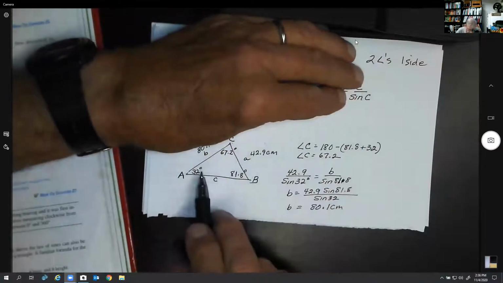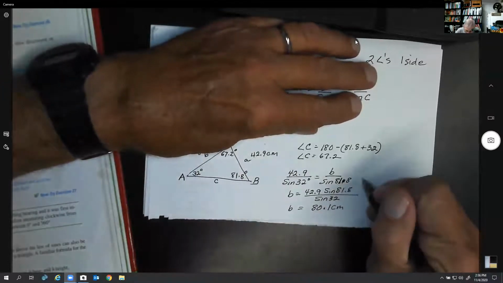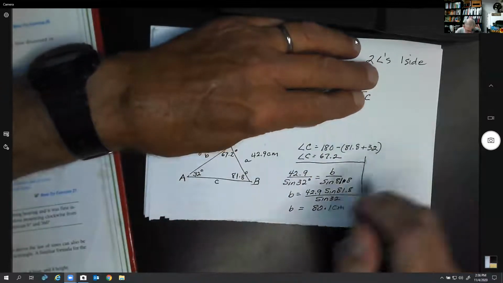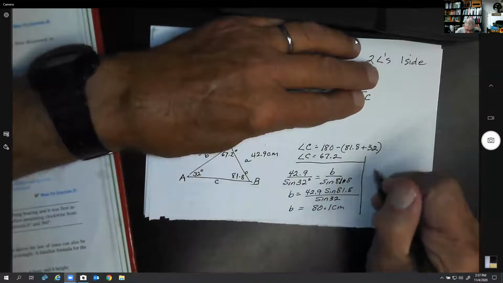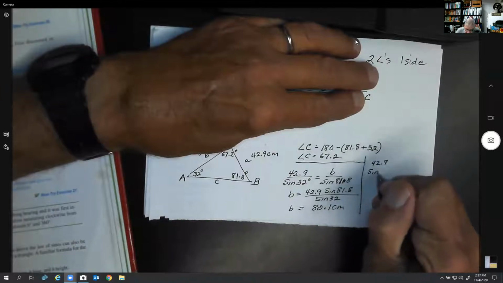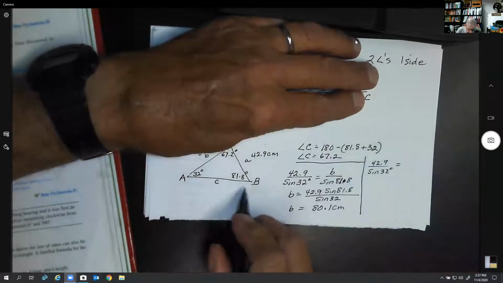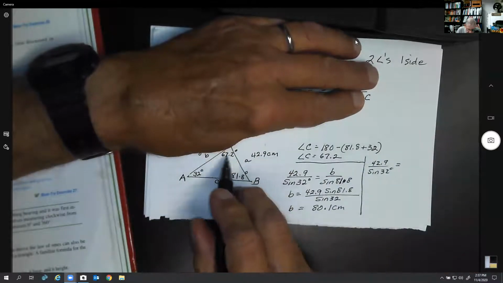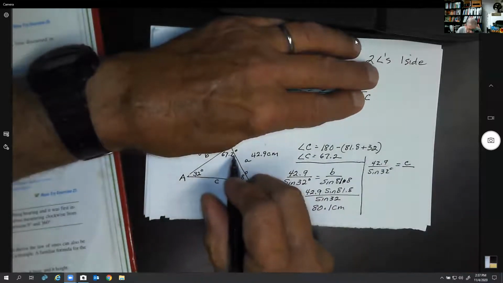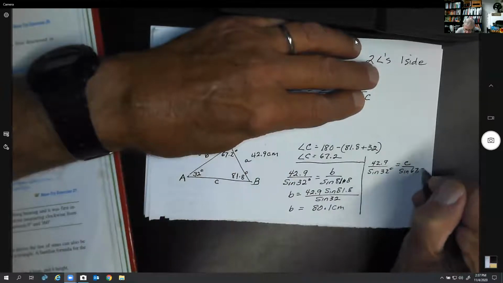So I usually go with the two given. It's not the one I just solved for because I might have made a mistake. So I'm going to draw a line here. 42.9 is to the sine of 32 degrees as we're looking for C. We don't know C. Side C is to the sine of angle C, sine 67.2.